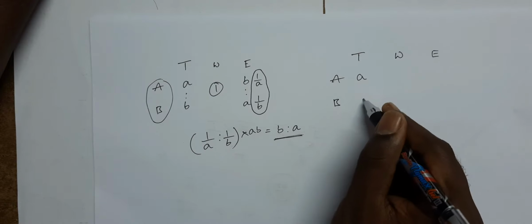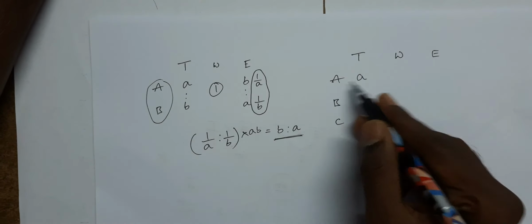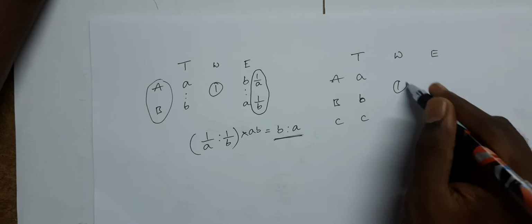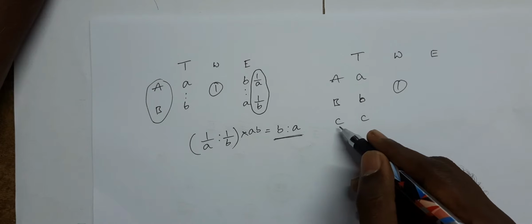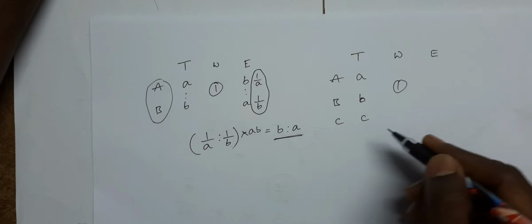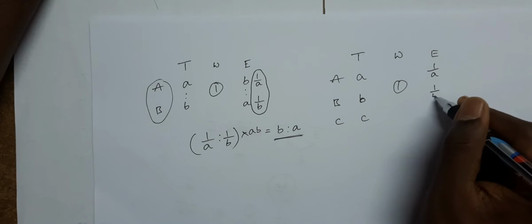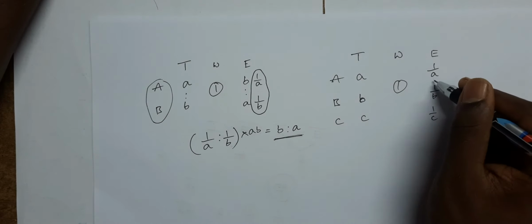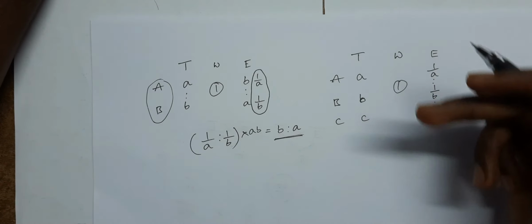Suppose, let me take 3 persons. A can complete a work in A days, B can complete the same work in B days, C can complete the same work in C days. Then the efficiency will be 1 by A, 1 by B, 1 by C. This should be the ratio. You should not write it in reverse order.